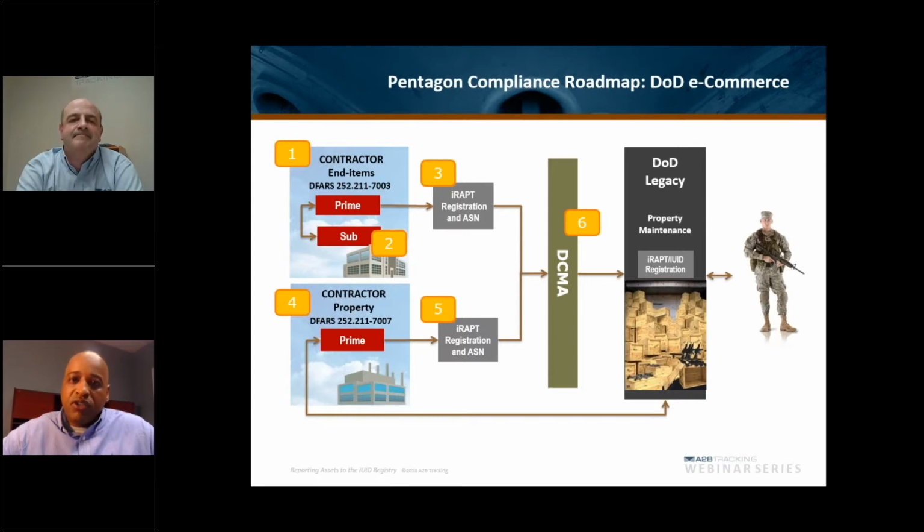So when it's time to turn in a contract, you would go through not just IRAP as the portal, but the IUID registry to then record that that contract has been submitted back either to the DoD or to a receiving CAGE number that is going to be handling the contract going forward. So if you've got this reporting requirement, it's essential that you're using the right system to be able to manage your life cycle changes.